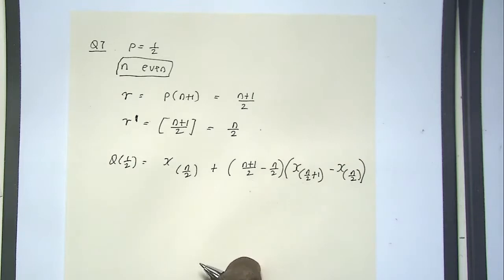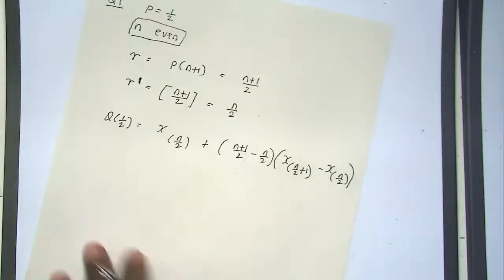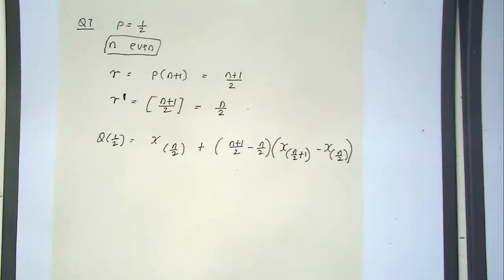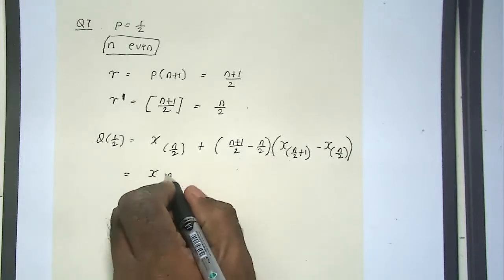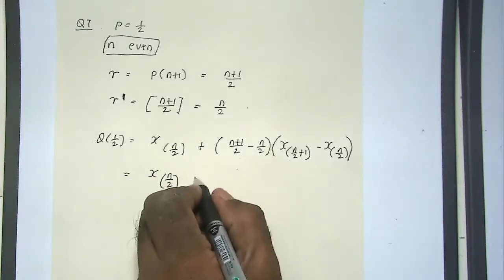I'm using the formula I gave you, right? So this will be x sub n over 2. This minus this will be a half.